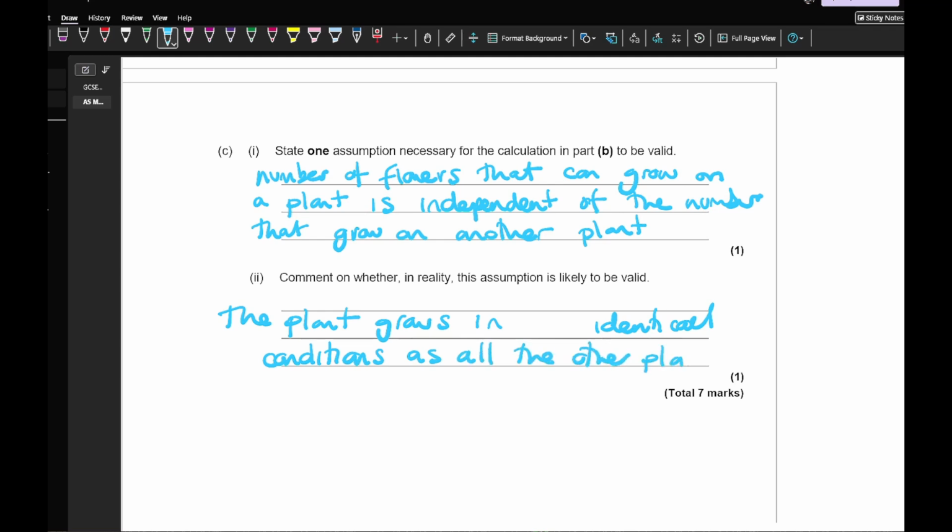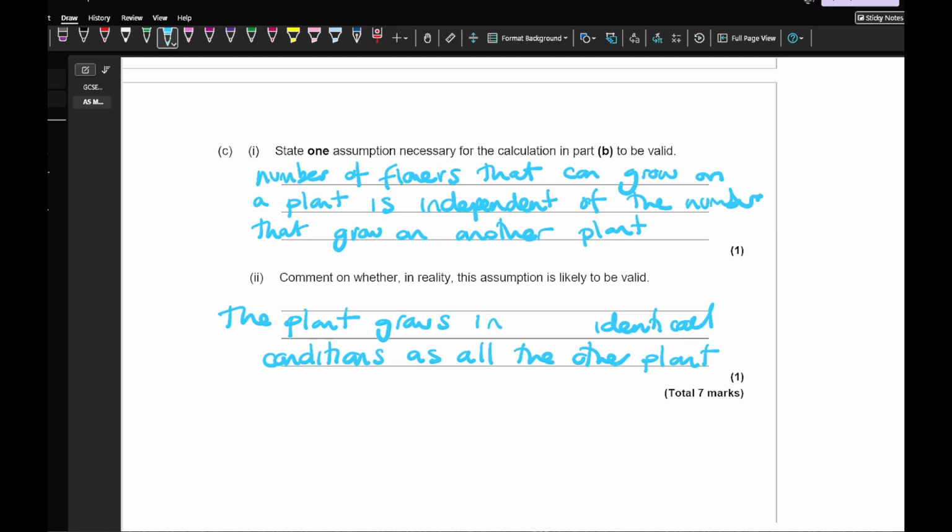Now, how likely is that to happen? Depending on the size of the sample of plants that you've got, you might find that one sees more sunlight than the other. One may get more rainfall or more water than another. And in order to be valid, it needs to be exact, precise conditions for all the plants for it to be a fair and unbiased test.